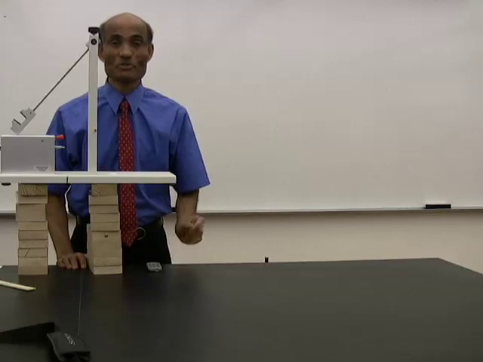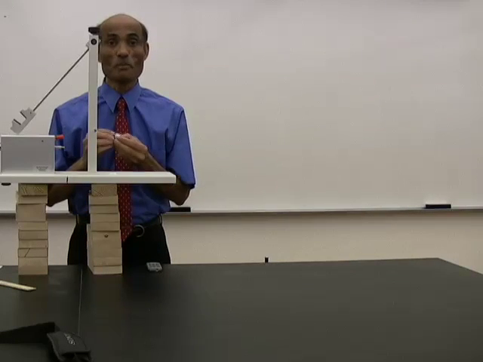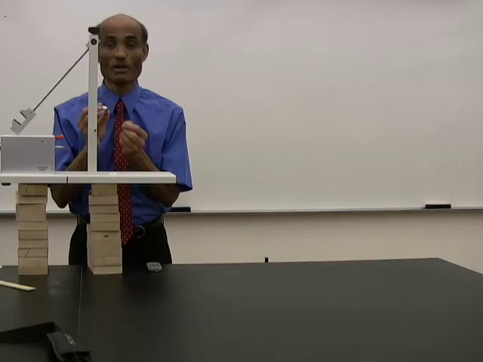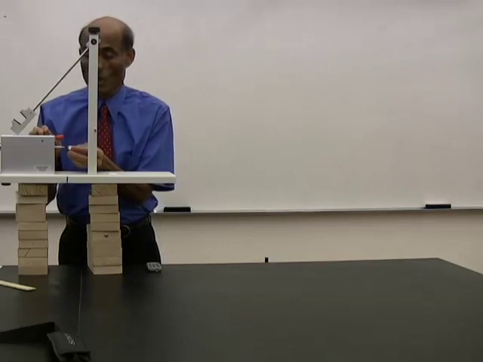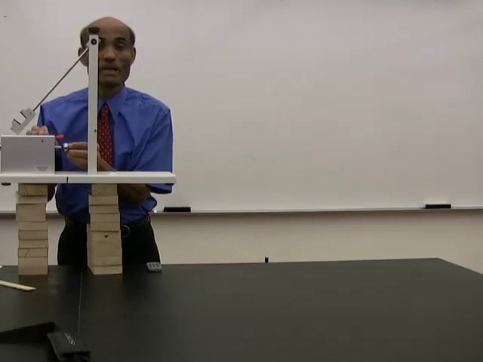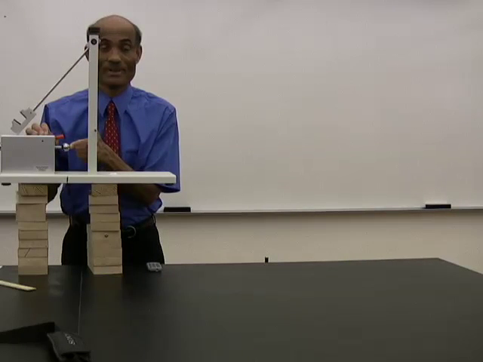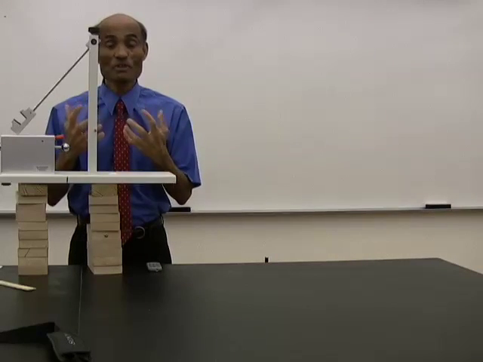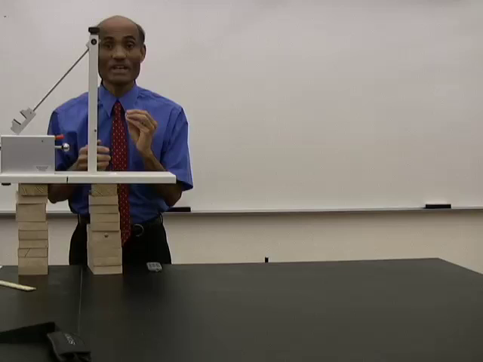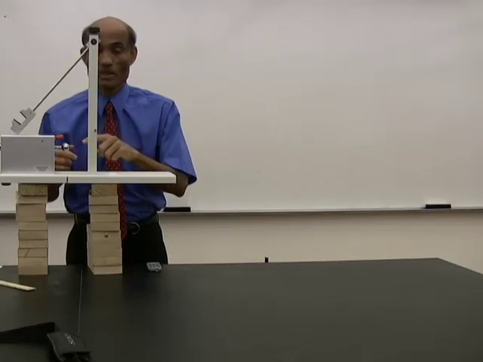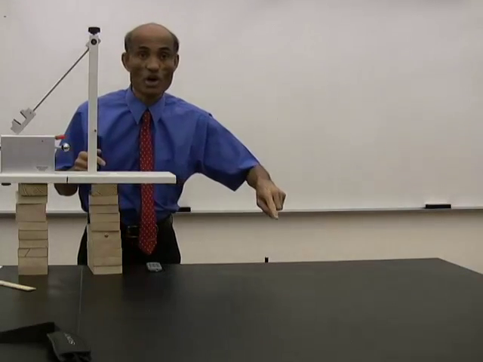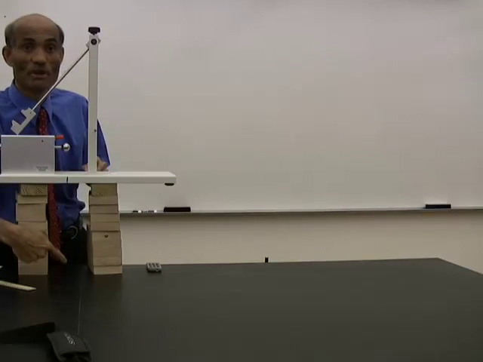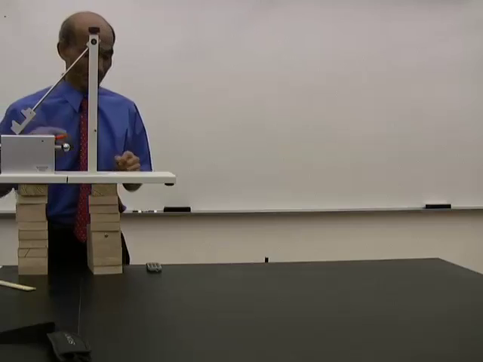The purpose of today's experiment is to measure the velocity of projection of this ball when it is projected horizontally from a spring-loaded gun. Now, this experiment has two parts. In the first part, we will investigate the relation between the horizontal range of this projectile and the vertical height from which it is projected.